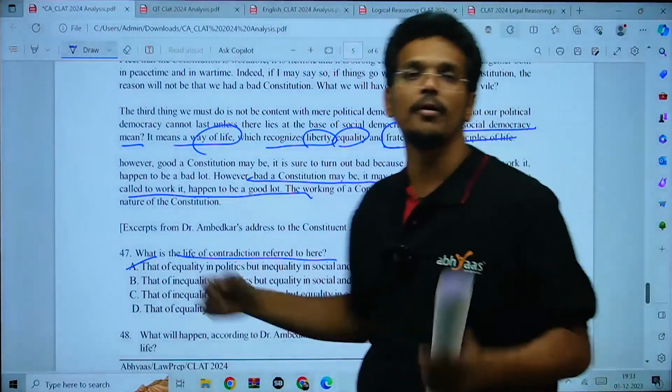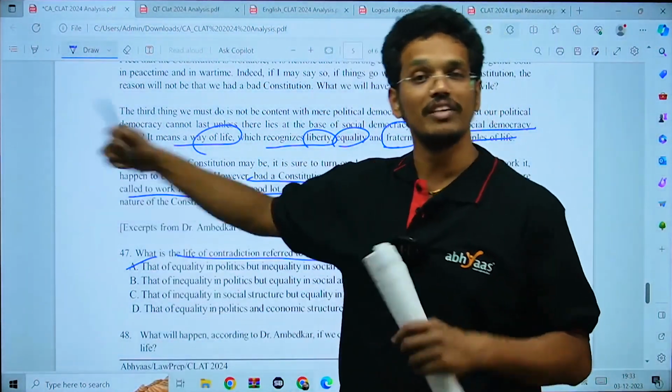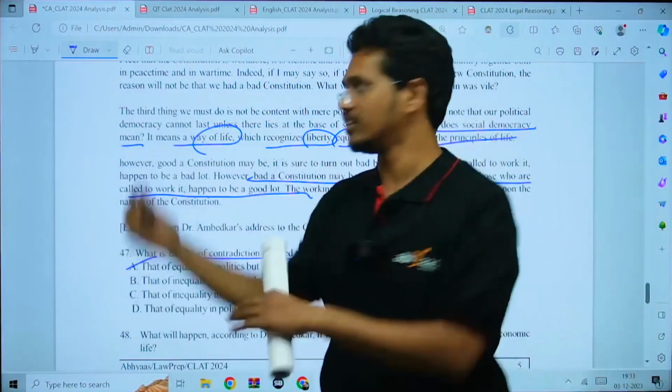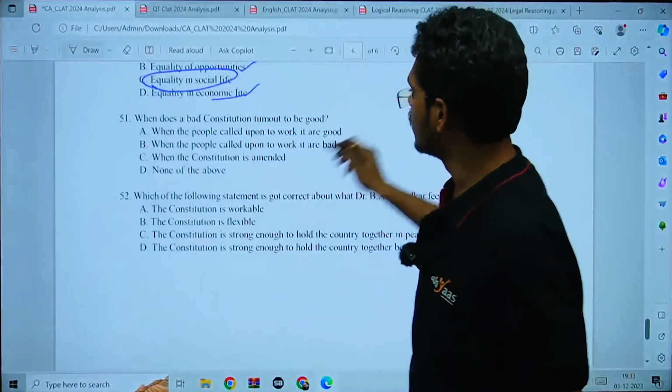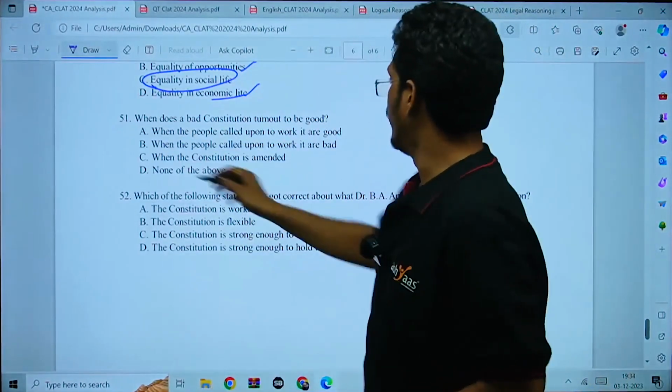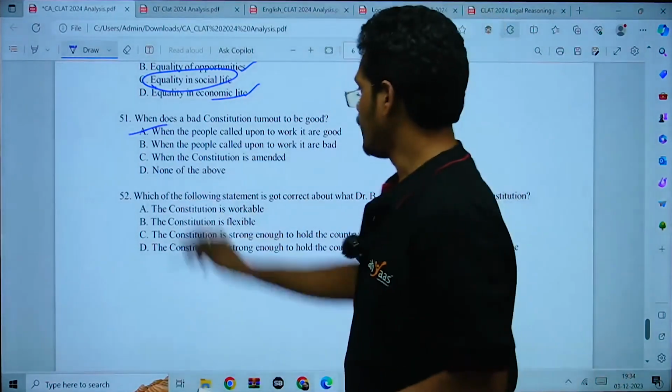So if good people write the constitution, it would become a good constitution. Even if it's bad, good people can change it. So a direct statement. The answer is where the people called upon are good. So 51 is A. And 52.